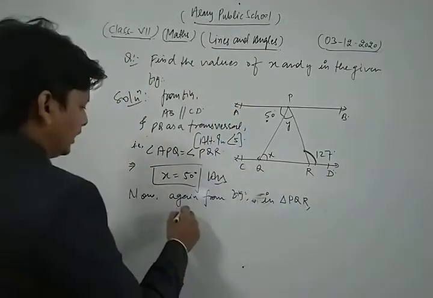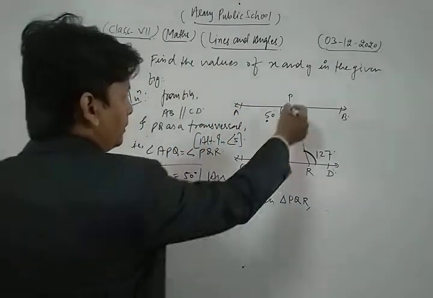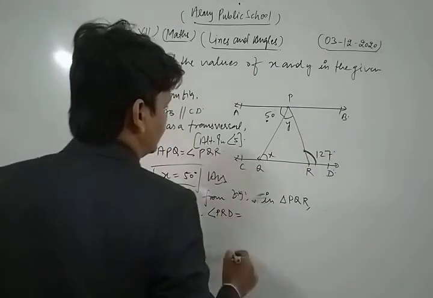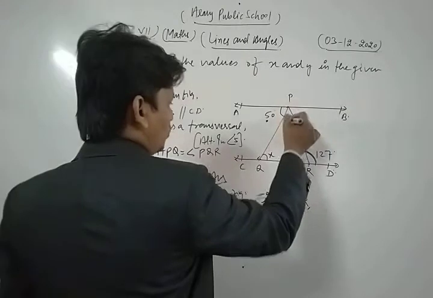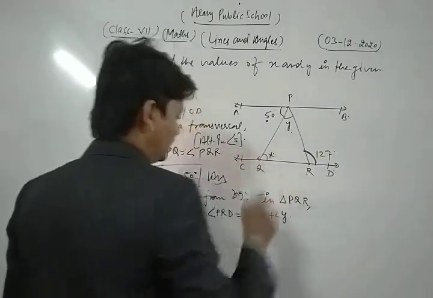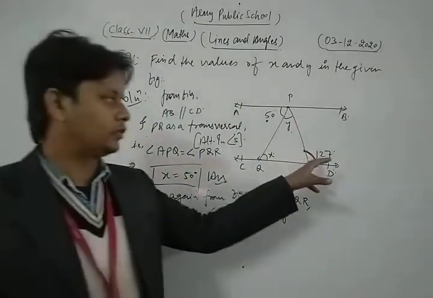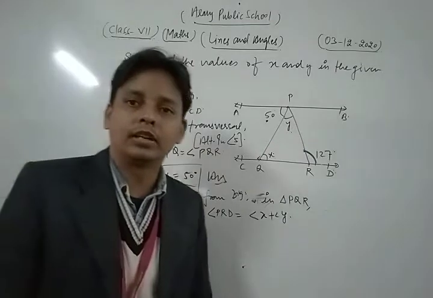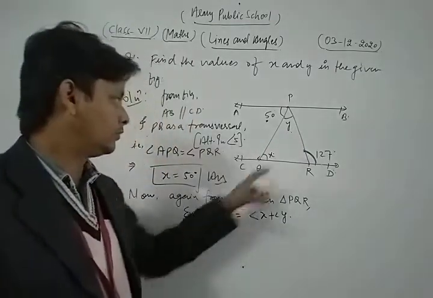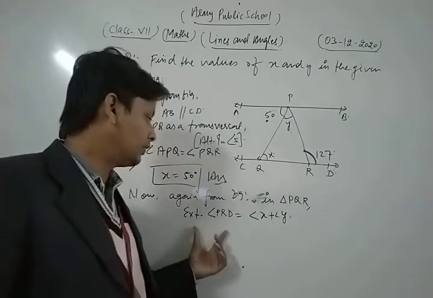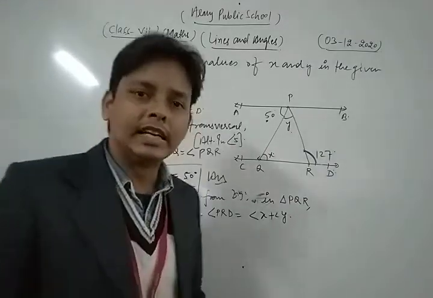So here exterior angle PRD is the same as angle x plus angle y, because with respect to this angle, angles y and x are the two opposite interior angles. So the exterior angle is always equal to the sum of its two opposite interior angles.